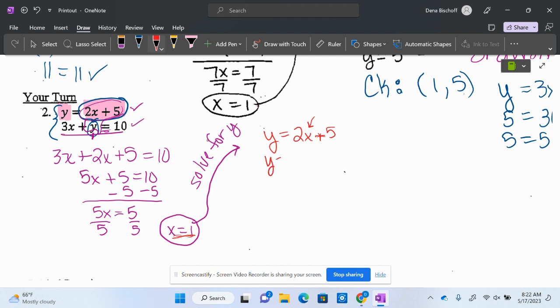So y equals 2 times 1 plus 5. That means y equals what? 7. Y equals 7. So my solution is the ordered pair 1, 7.